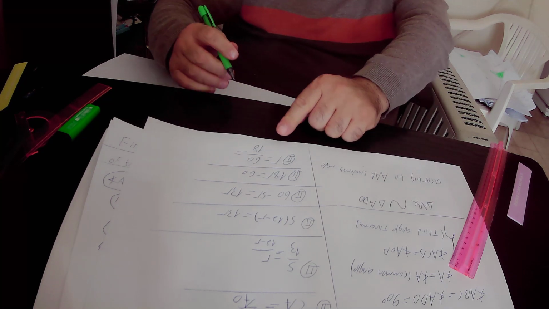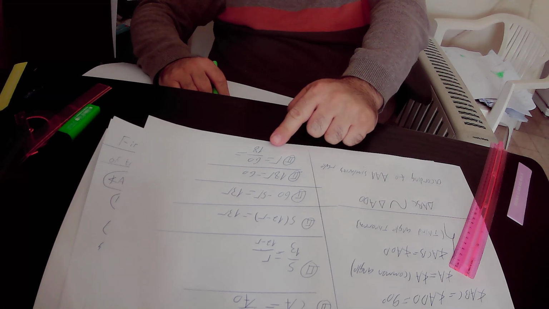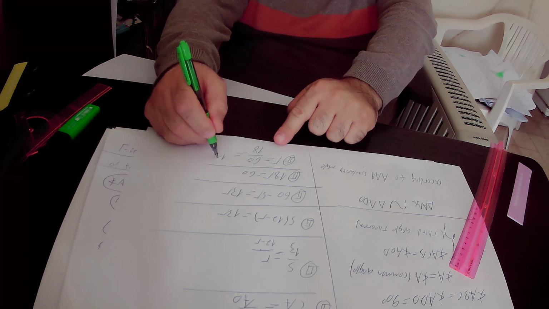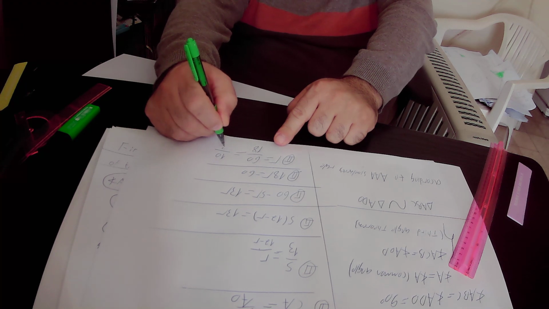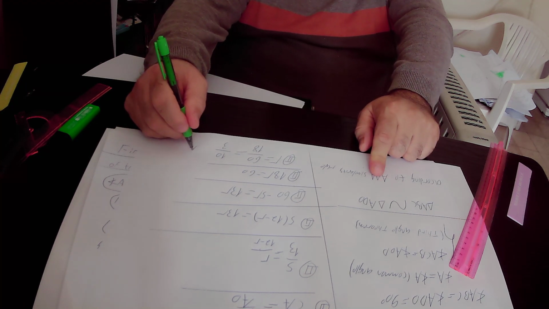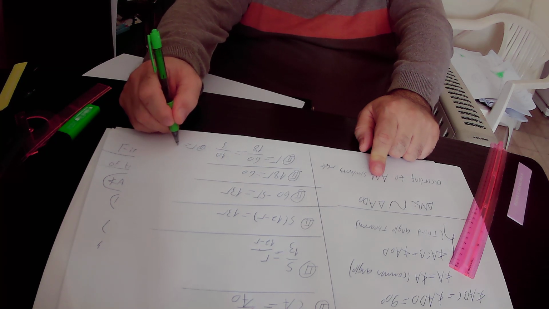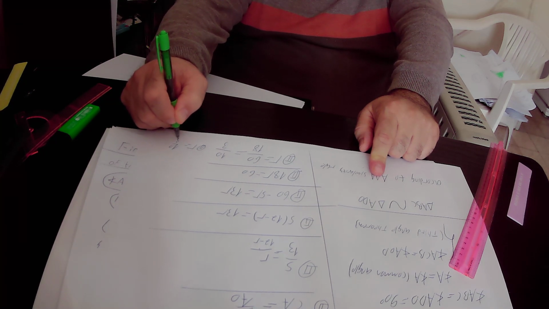We divide both the numerator and the denominator by 6, and we get that 60 over 6 is 10 and 18 over 6 is 3. So in conclusion, R equals 10 over 3 units.